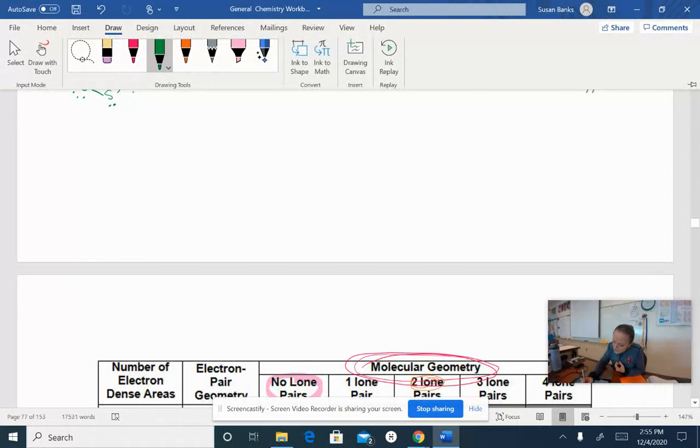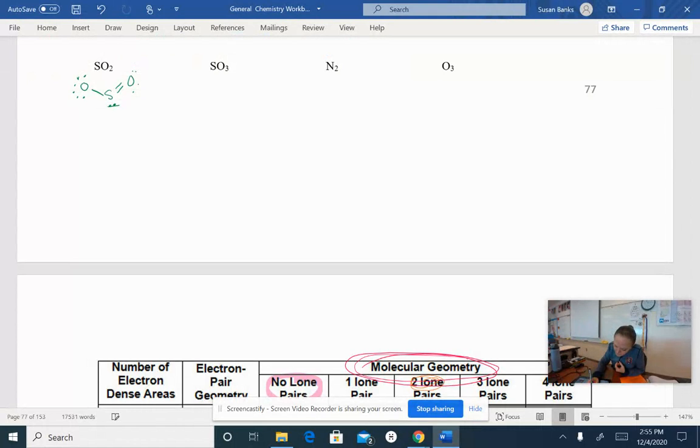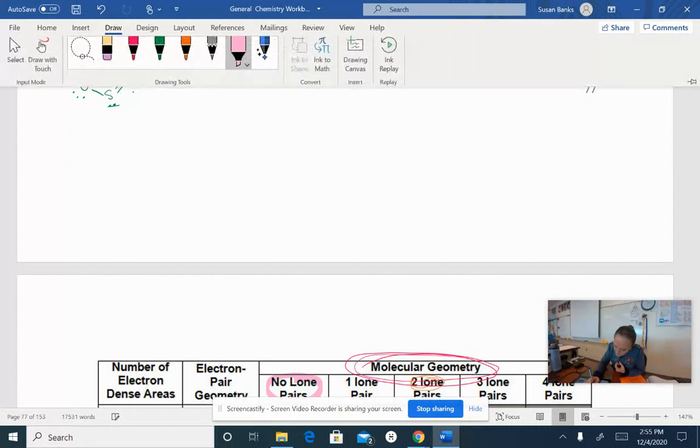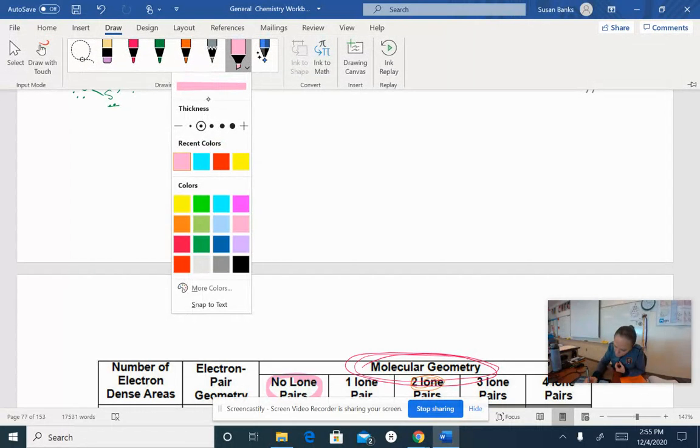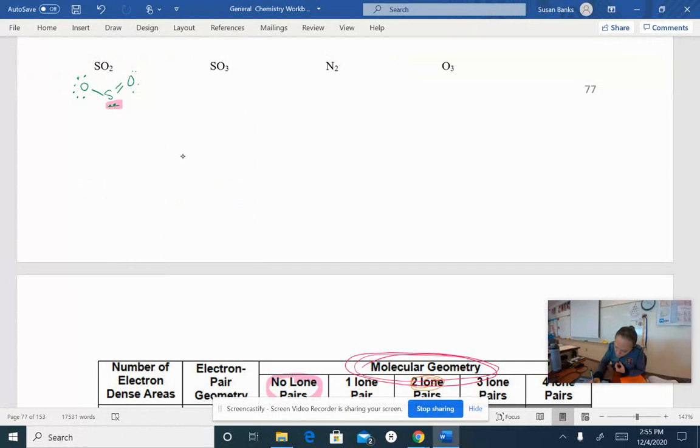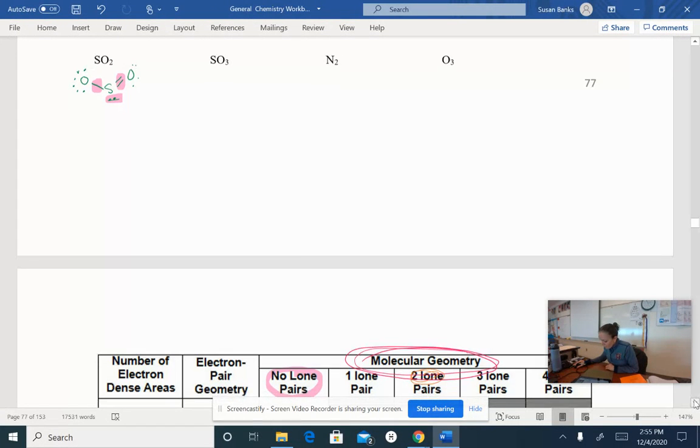So when we look at our areas of electron density, we have one, two, three. Now, two of those areas are bonding areas, and one of those areas is a lone pair. So let's look at our chart and see what that gives us.